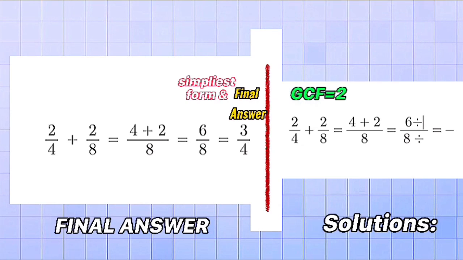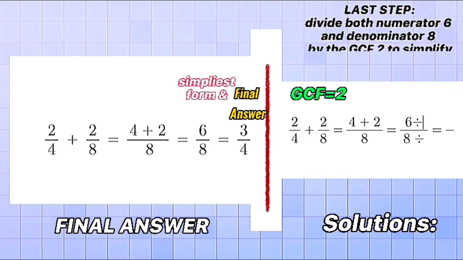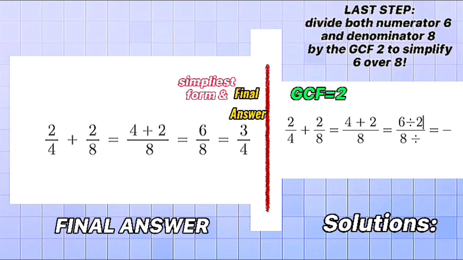The next step is to divide both the numerator 6 and the denominator 8 by the GCF 2 for us to simplify 6 over 8. Numerator 6 divided by our GCF 2, the answer is 3. And we put it right on our numerator.